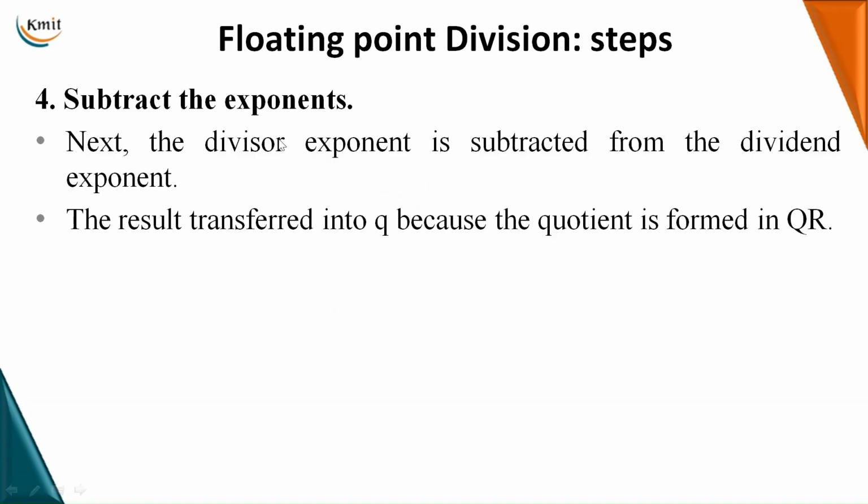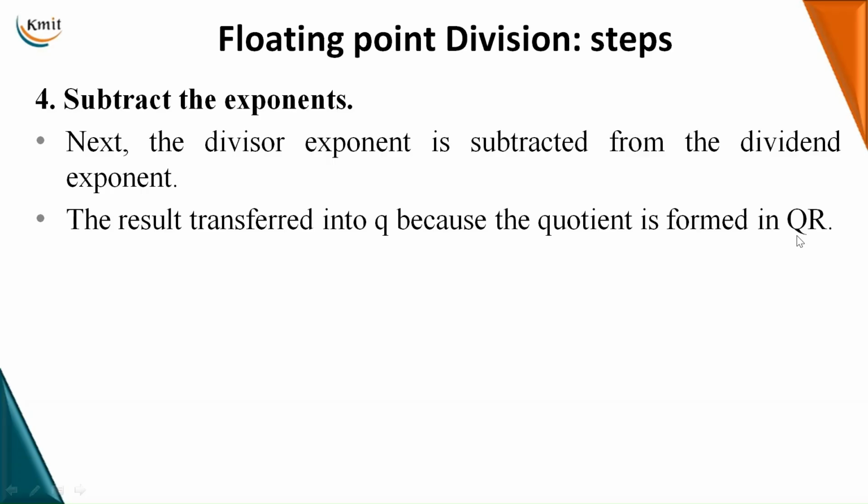So next the divisor exponent is subtracted from the dividend exponent. So whatever is the value of a power m minus n, that is the exponent of your quotient q. So the result is transferred into q because the quotient is formed in QR. So whatever is the small q, that will become the exponent of your quotient, which is stored in the QR register.